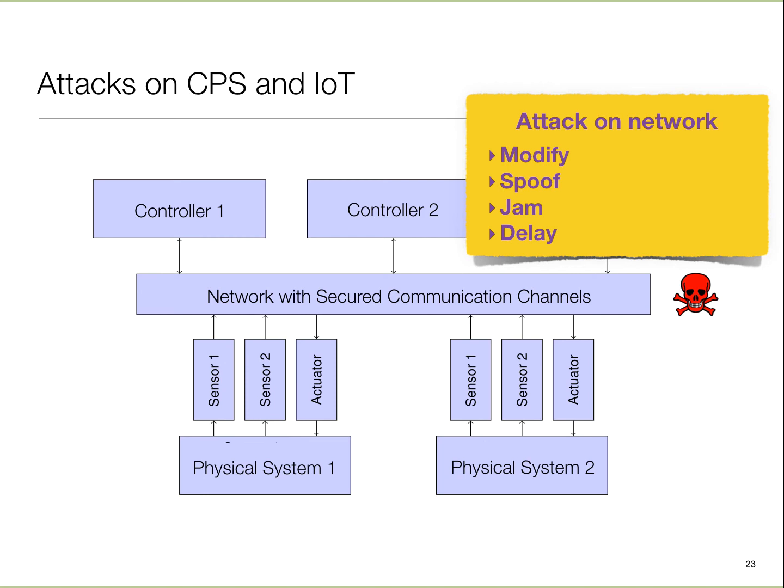Modification, spoofing and jamming are also issues in normal computing, but delaying a packet has consequences which are often much more prominent in a control system, for example, where timing does matter.